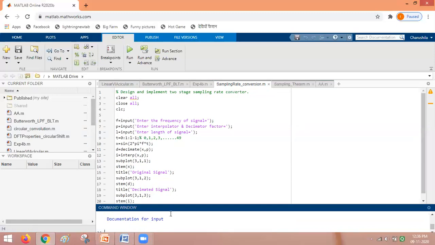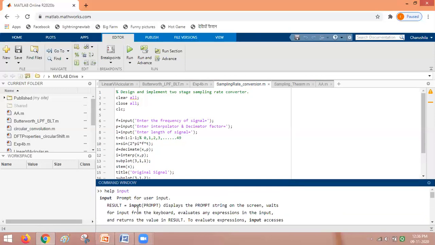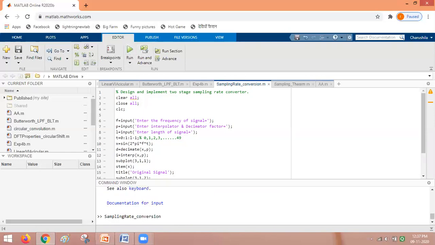All the details related to that function will be available here: what is the syntax, for what purpose we have used this function, all the details we will get. Similarly, help decimate as well as help interp can also be observed on the command prompt. Now we will save the code and then we will execute it to observe the output.